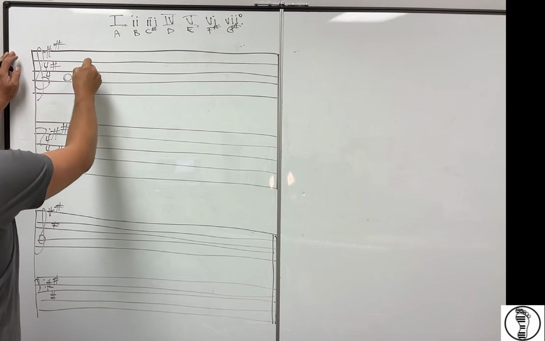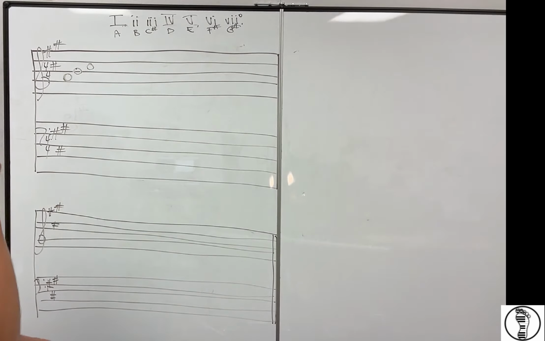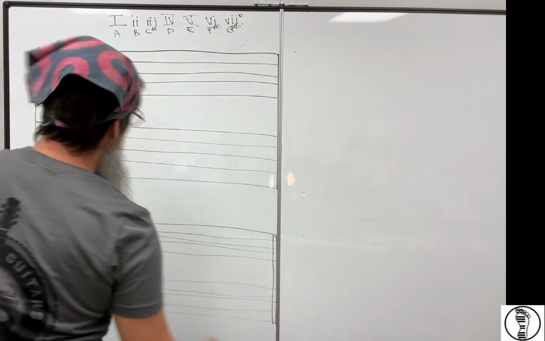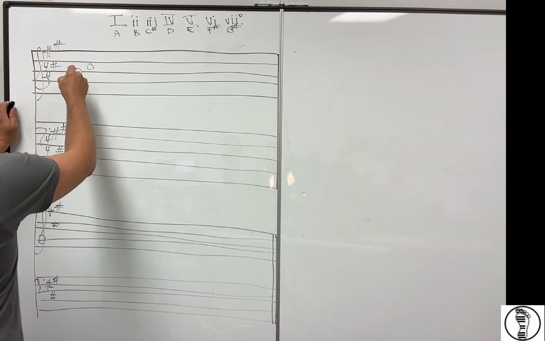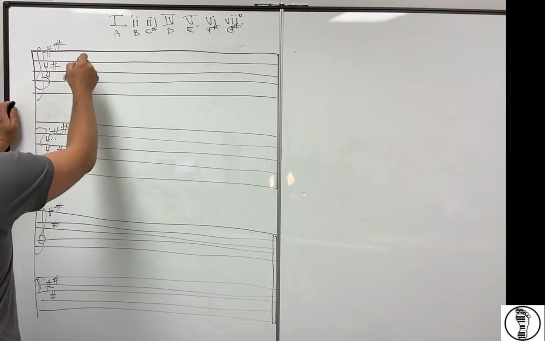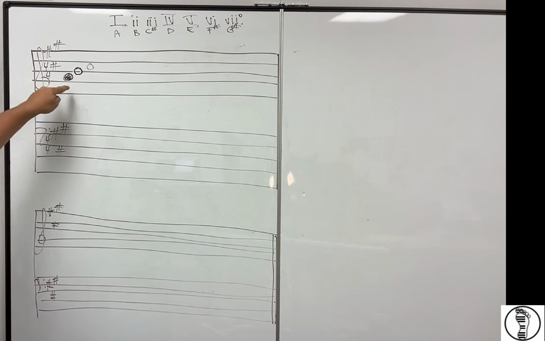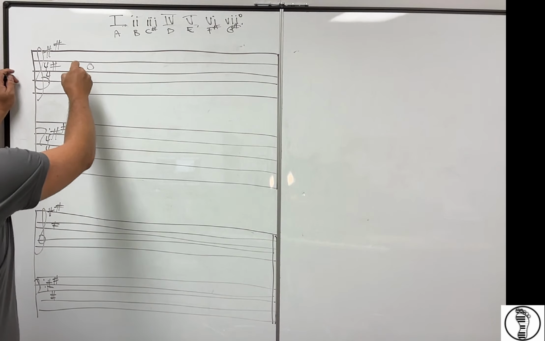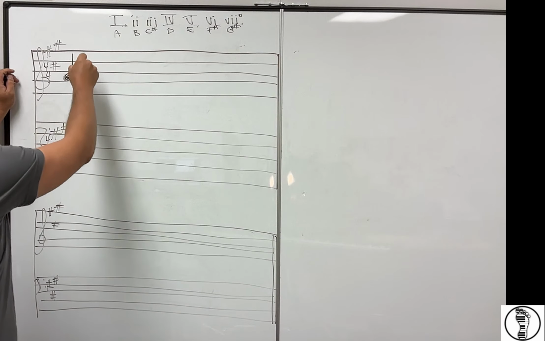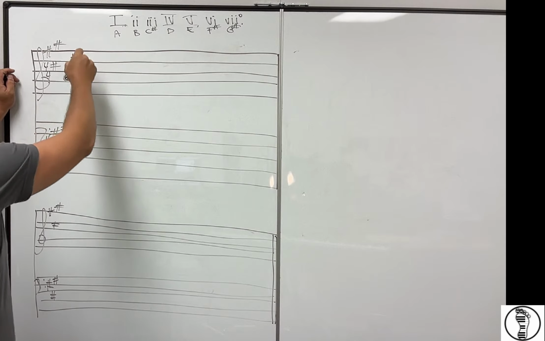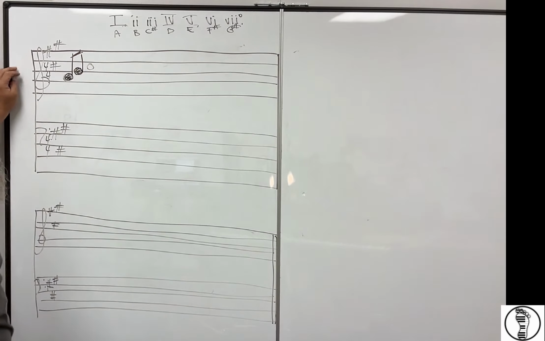Now already we've got 3 notes, and all 3 of those are written as whole notes, which means no bueno. It wouldn't fit inside the measure. What I do want to do is fill this in because I don't know whether I want it to be a half note here or here. I think we're going to be doing an 8th note here as a pickup. Not really a true anacrusis, but I'm going to throw up my stem and then put my beam, showing that this is an 8th note, fill in the note head.